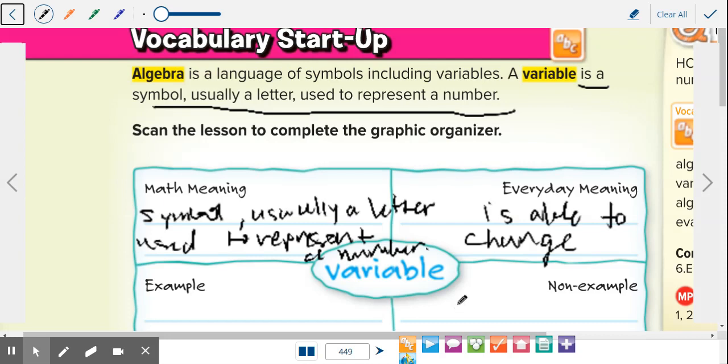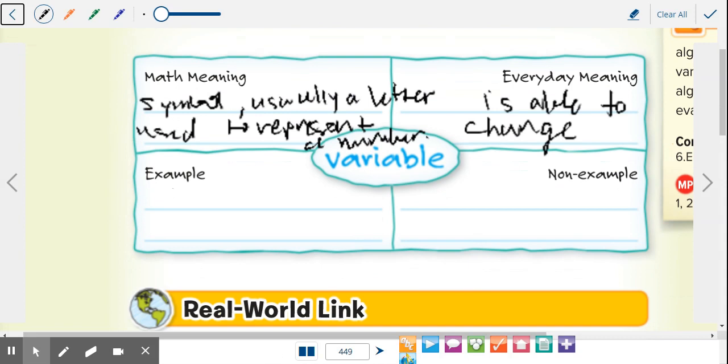Now, does anybody know what an example of a variable is? Look at the definition and then come up with an example for variable. You almost put a little bit too much on it. Kind of get that a little bit smaller. What is going to be the variable?